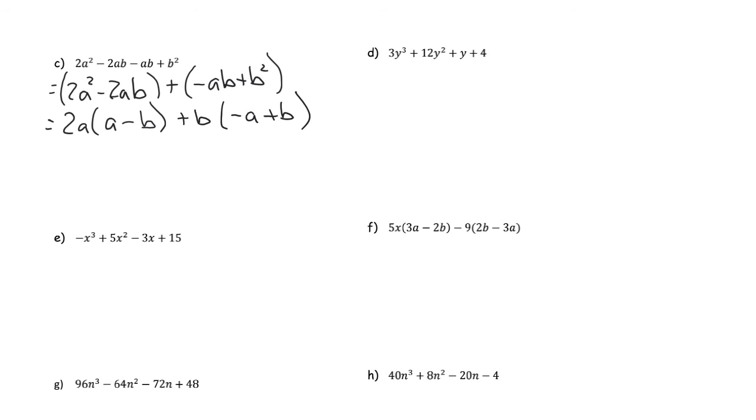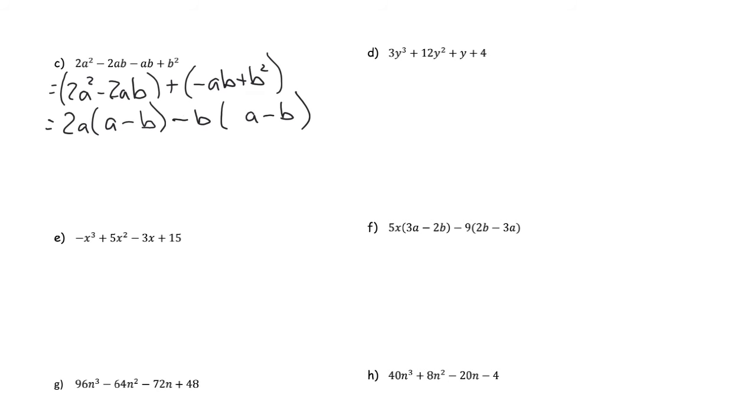Now that is not the same as the binomial in the first one. The signs are different. So what I'm going to do instead is take out the negative as well. And so if you factor out a negative with that b, then that gets you positive a minus b.